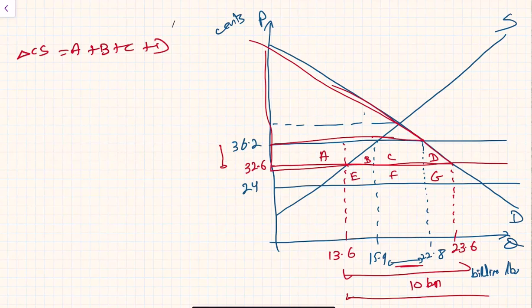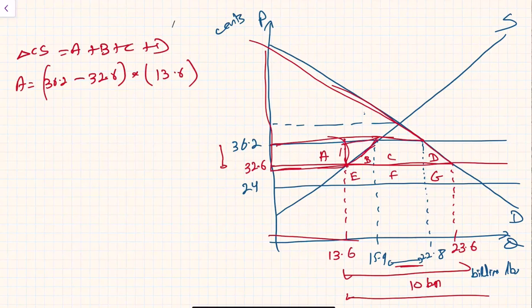So A is nothing but a combination of this rectangle and this small triangle. So we can look at A as the difference between the two prices, which is 36.2 minus 32.6 times the base of the rectangle, which is 13.6. And then we have this small upper triangle whose base is the difference between 15.9 and 13.6, and the height is the difference between the two prices.